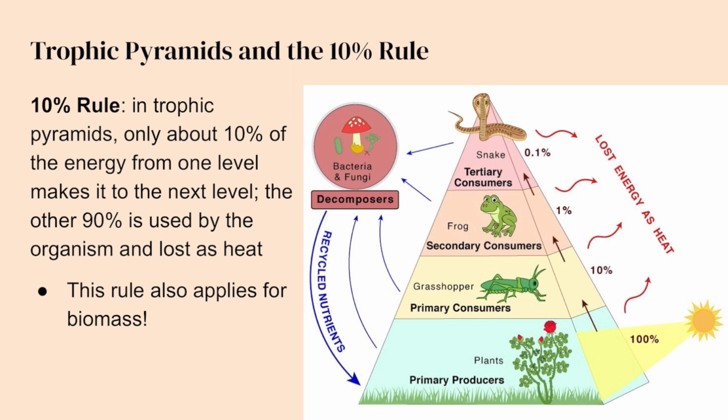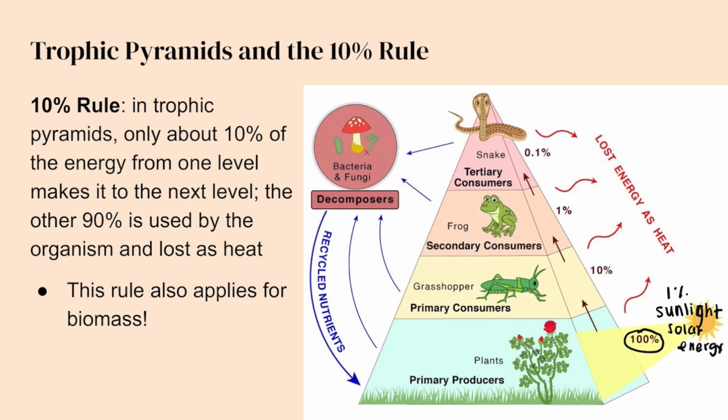As we remember from our video on primary productivity, only about 1% of incoming sunlight or solar energy is actually captured by plants. So this 100% in this diagram is just showing that that is 100% of the energy available to plants.